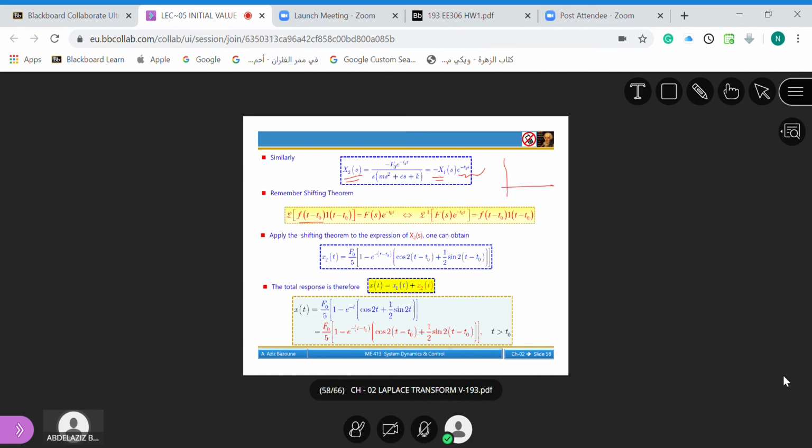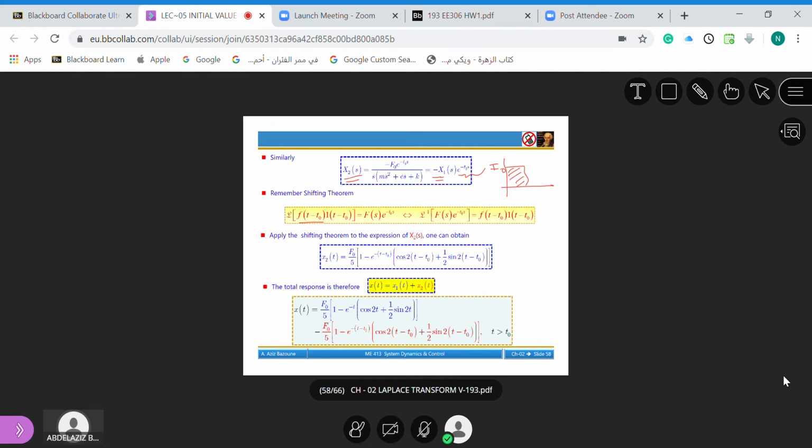You can give any number at the end. So this will be F of s times exponential minus s t0 for the Laplace transform, or the inverse Laplace transform of this will give you this one. So either this or this. That's why I'm putting it here, it goes back and forth.